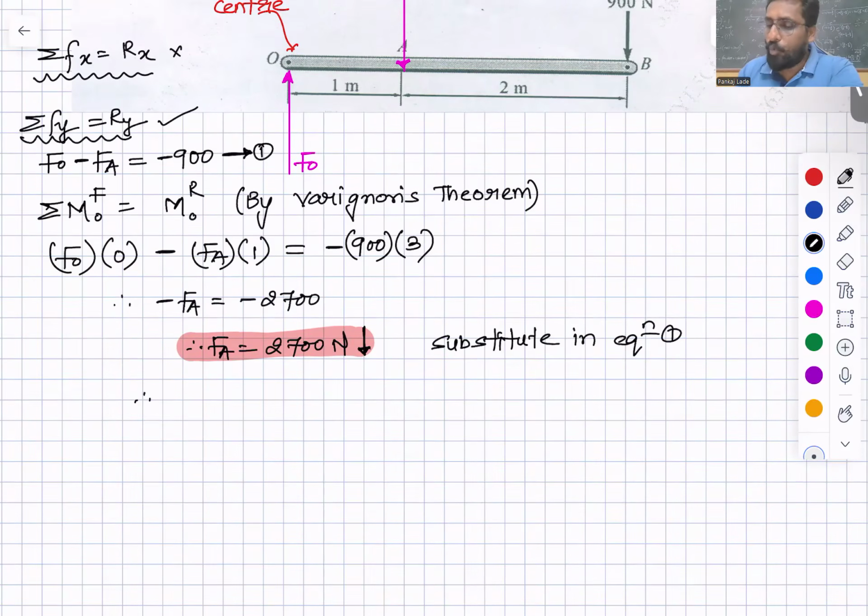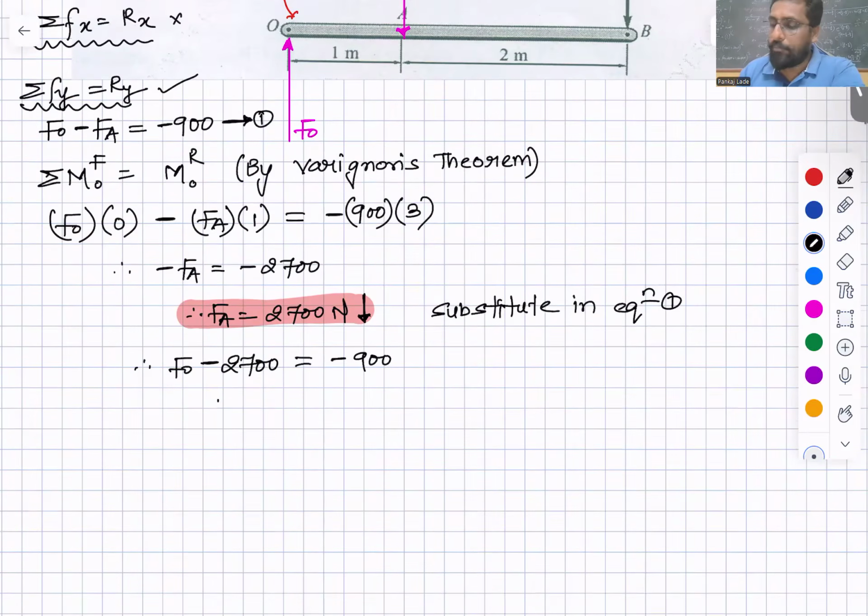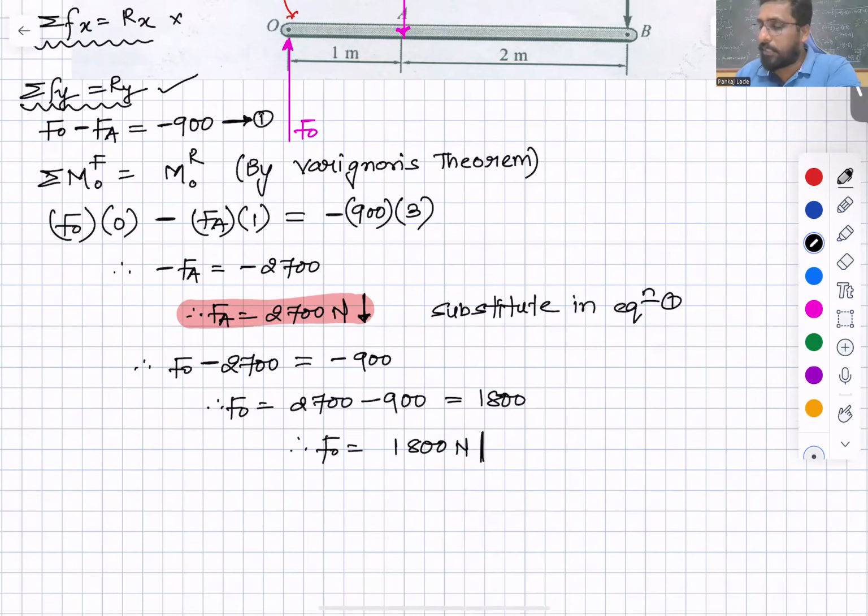FO minus, ठीक है, कितना वैल्यू 2700 न्यूटन, सो minus of 2700 Newton is equal to minus of 900, ठीक है. सो FO का वैल्यू हो जाएगा 2700 minus 900, that's 1800. तो FO का वैल्यू आया 1800 न्यूटन. और देखो यहाँ पे भी आंसर पॉजिटिव आया, that means the direction that I have selected, which was upward, is also correct, ठीक है.